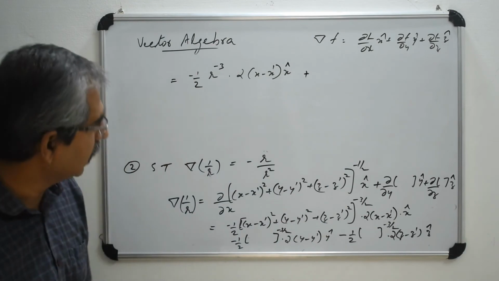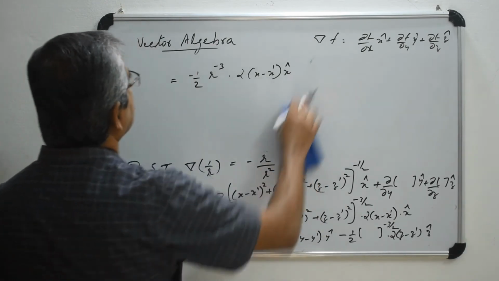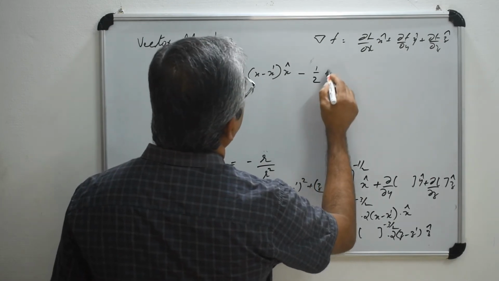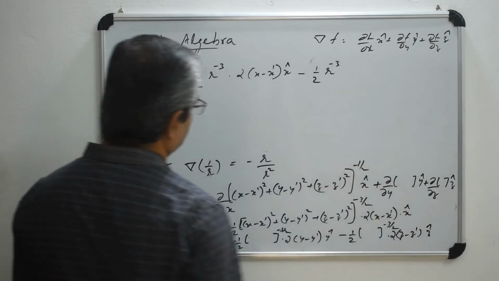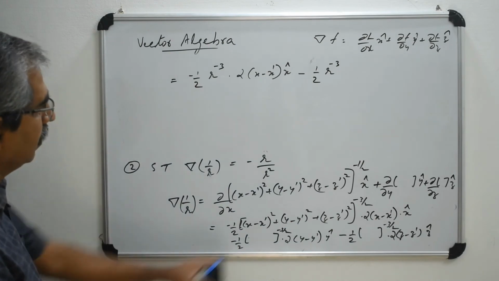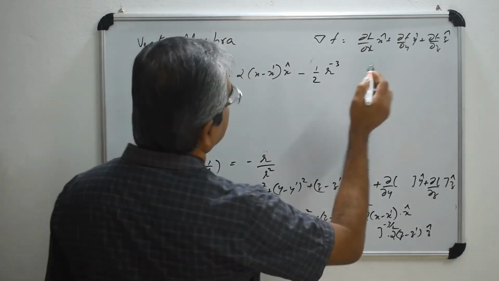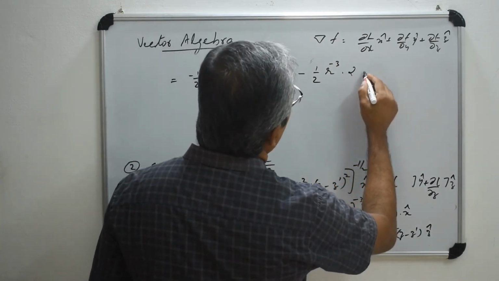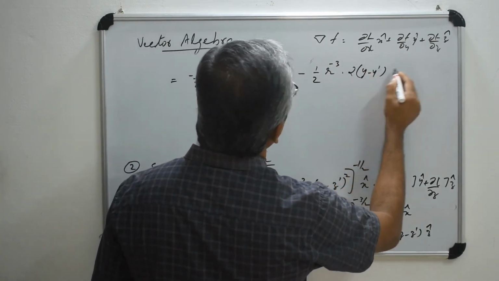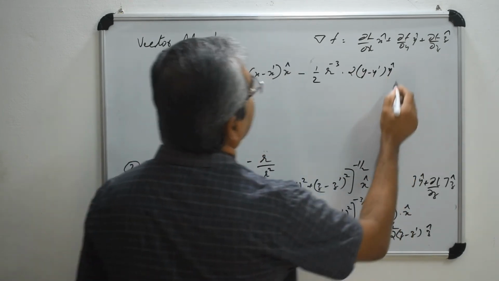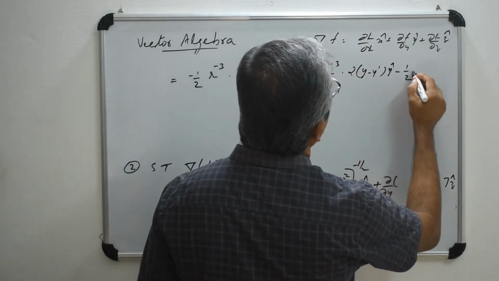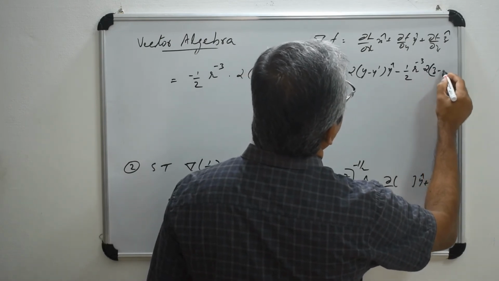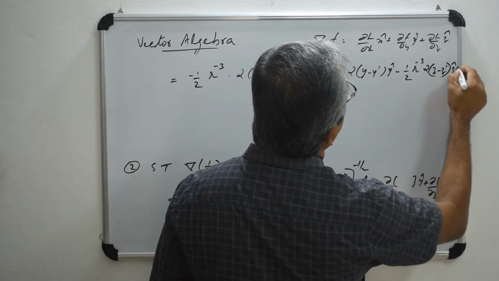okay, again we can put the value is equal to minus half into r raised to minus 3 into 2 into y minus y dash into y cap minus half into r raised to minus 3 into 2 into z minus z dash into z cap.